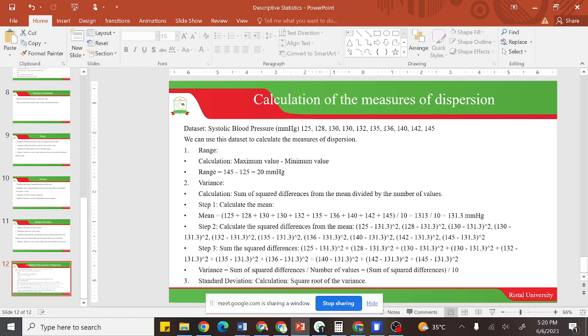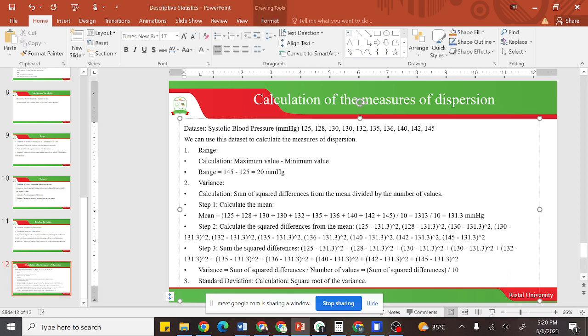That is the sum of the squared differences, divided by the number of values, which here is 1, 2, 3, 4, 5, 6, 7, 8, 9, 10. So you get the sum of the squared differences divided by the number of values.